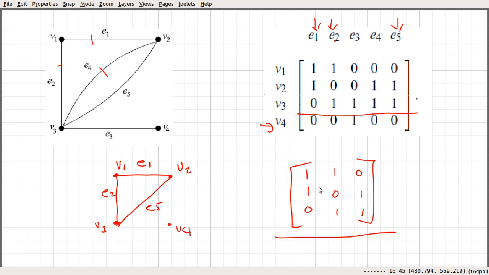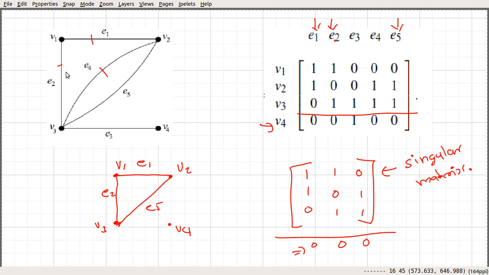If we add these 3 rows taking modulo 2, 1 plus 1 is 2, 2 modulo 2 is 0, and likewise for the other columns, we will get 0. So that says these 3 rows are dependent, so this matrix is a singular or non-invertible matrix.